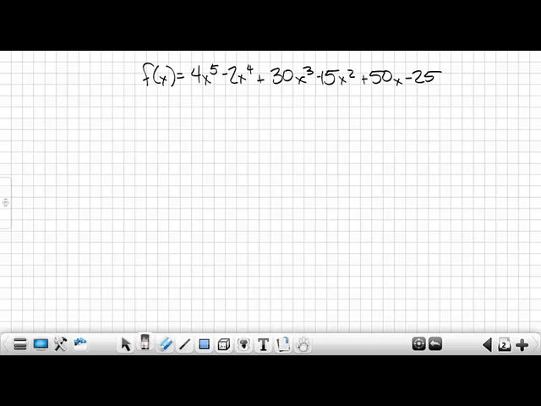So if we have this, if it has rational roots, they will be in the form of Q over P, where Q are factors of 25, P is factors of 4.